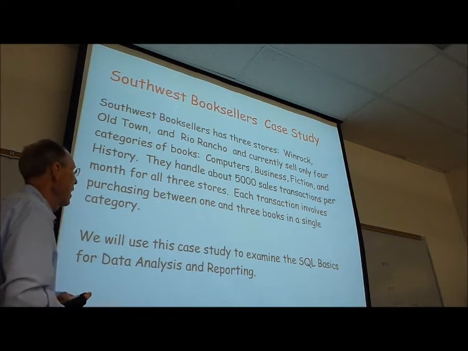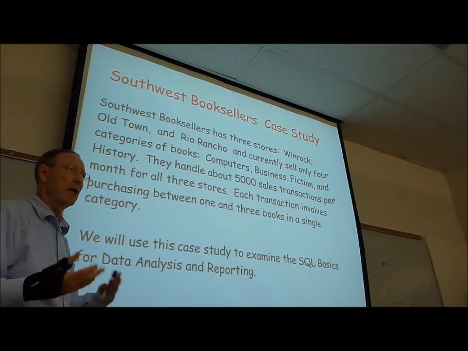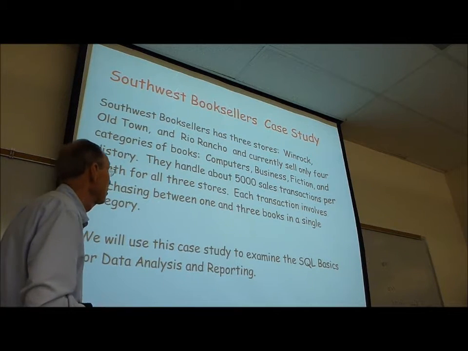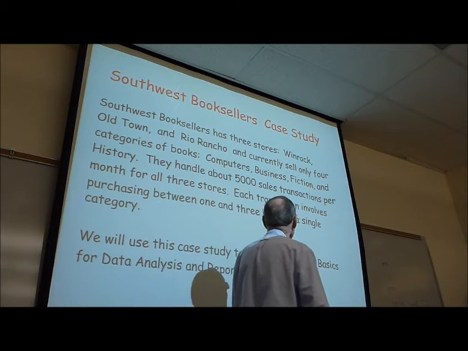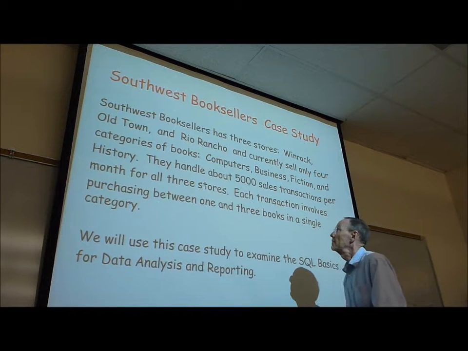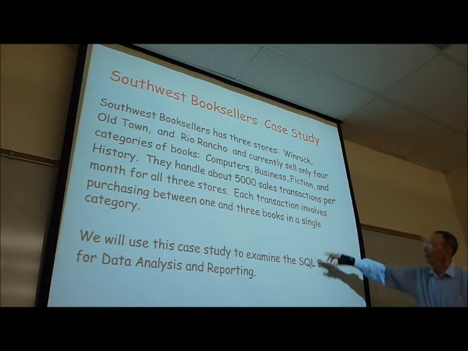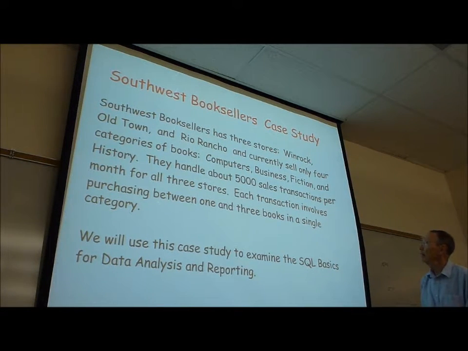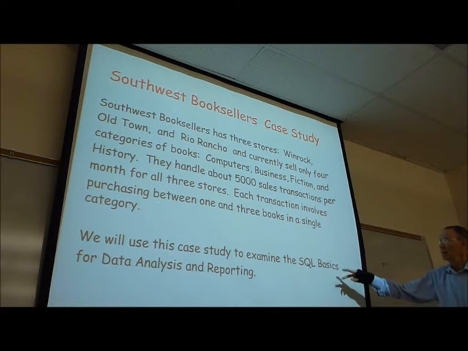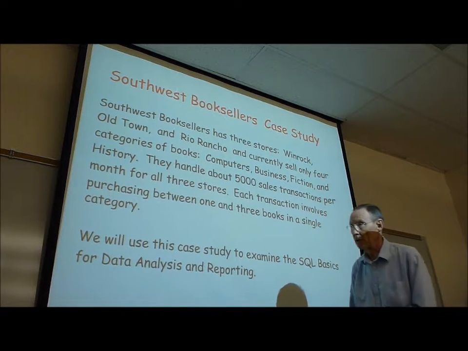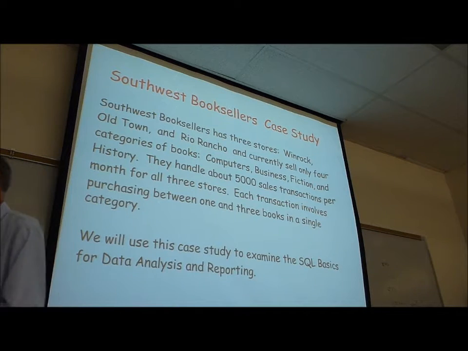They sell only 4 categories of books, so I've contrived this: computer books, business, fiction, and history. It handles 5,000 sales transactions, so I've created a table for one month's sales transactions. We're going to use this for our little grouping study.